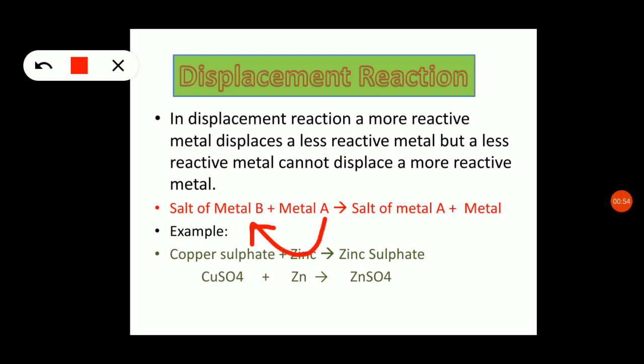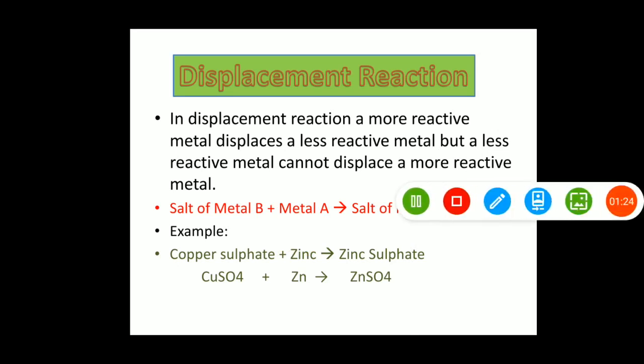If A was less reactive than B, then this reaction would not have been possible. So here A is more reactive than B. Hence A displaces B from its salt solution and forms the salt of A, and metal B is removed out. So this is the general equation for the displacement reaction. We'll see an example.